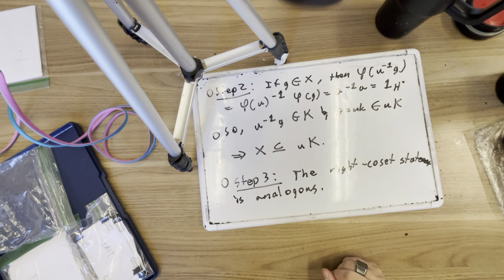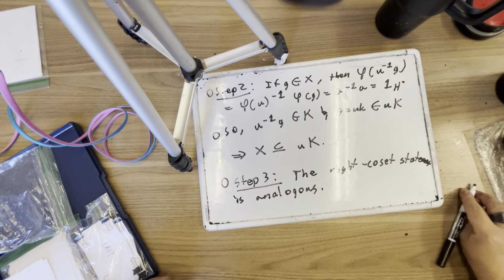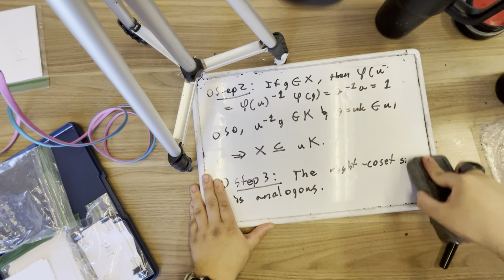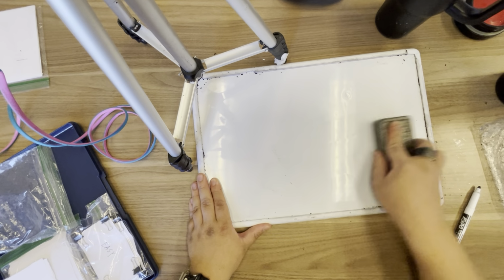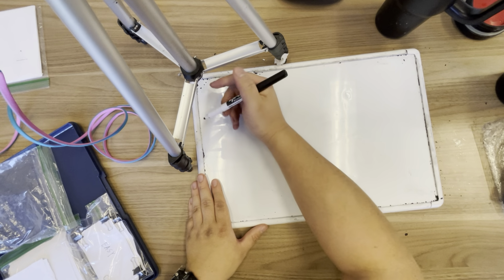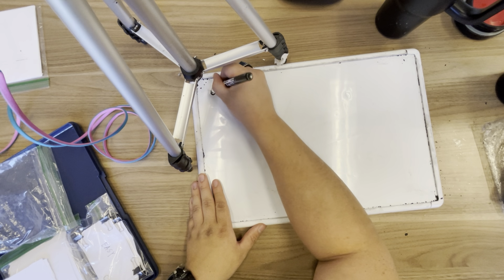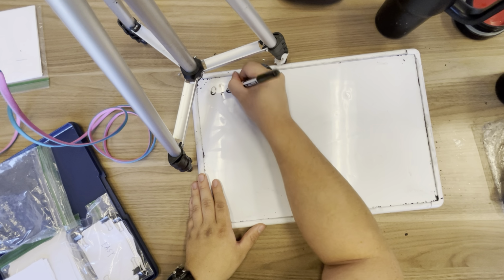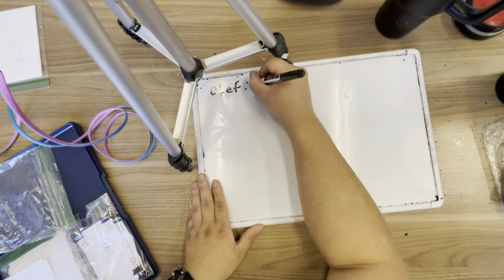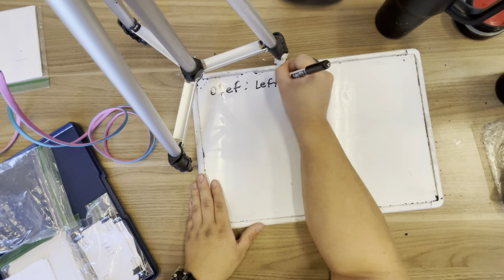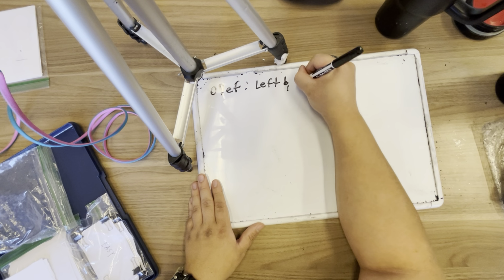All right, now let's move on to another proposition. Now let's look at the definition: left and right cosets.